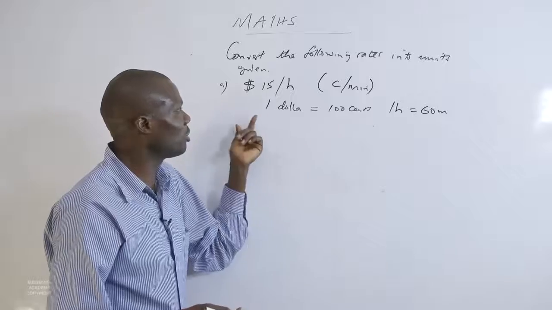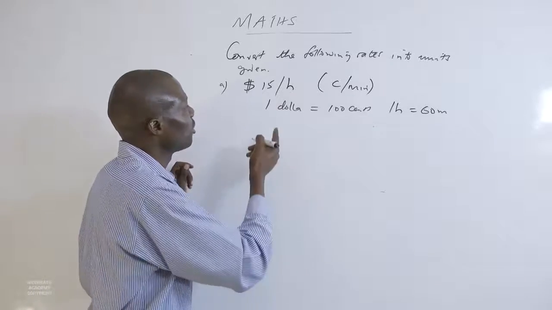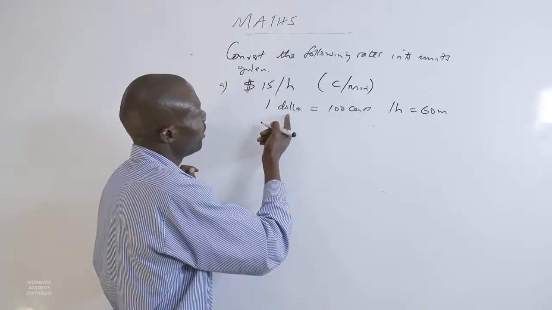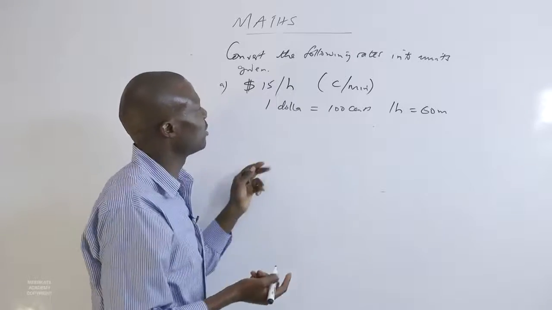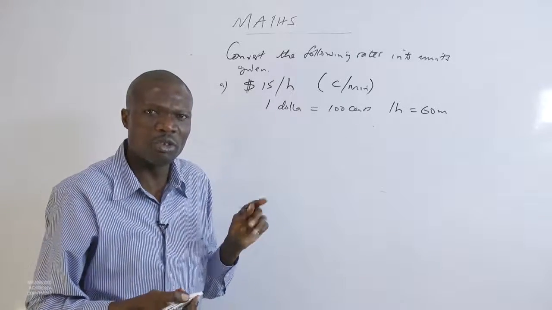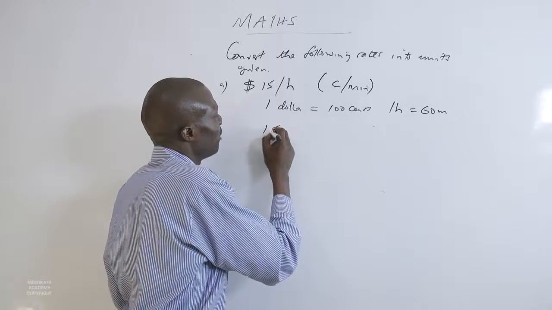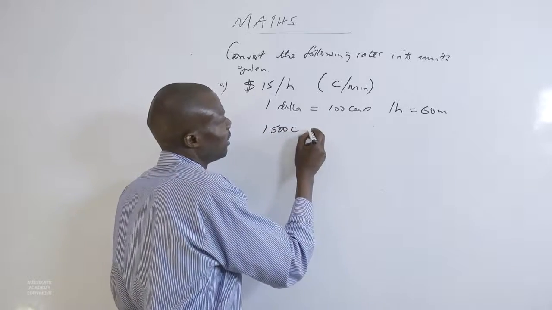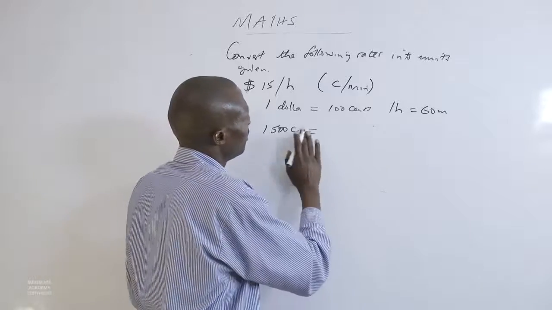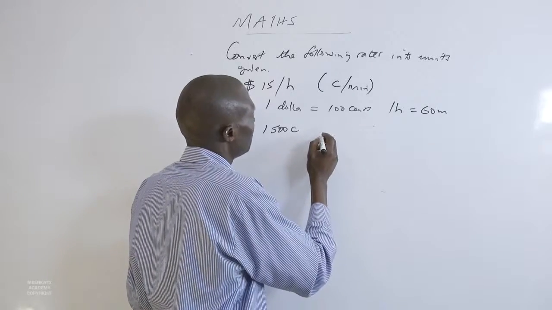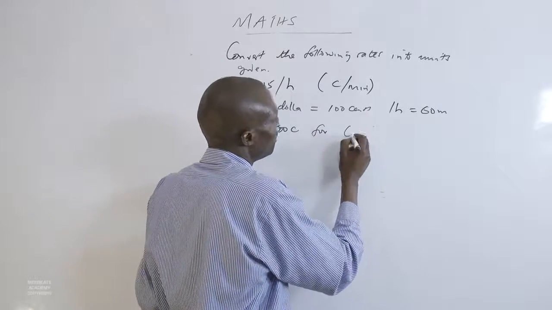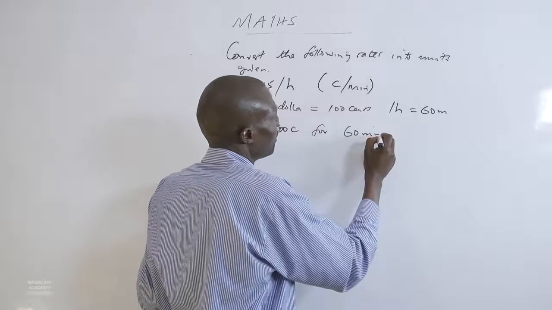Therefore, if we rewrite this, $1 is 100 cents, so $15 would be equivalent to 15 multiplied by 100, which is 1,500 cents, is actually the rate for 60 minutes.